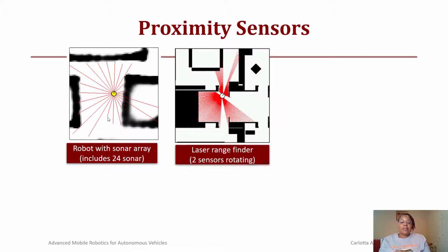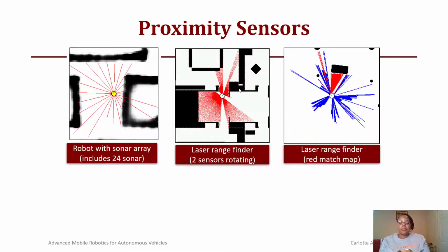Here we have an example of a laser rangefinder that has two rotating lasers, one in the front of the robot and one in the back. Notice that it seems to have a little bit more accuracy, and it also has a little bit more density in the number of measurements that are returned. But once again, you could still have some errors in the environment even using laser.